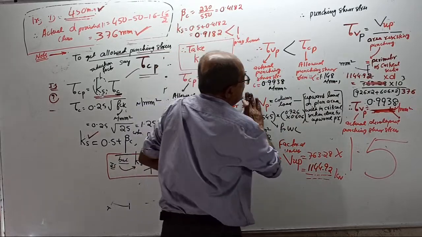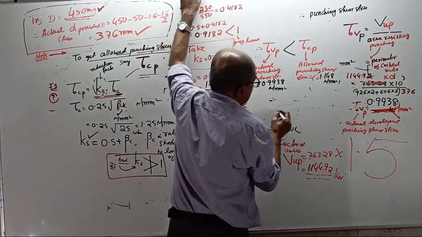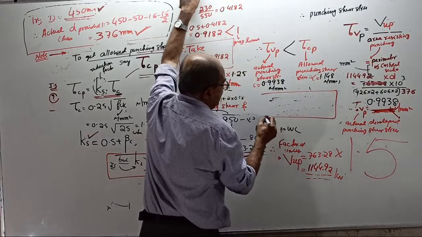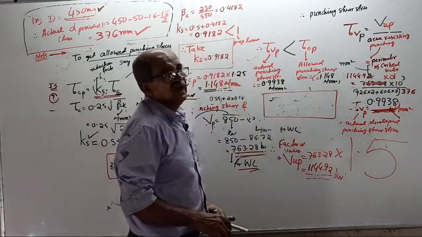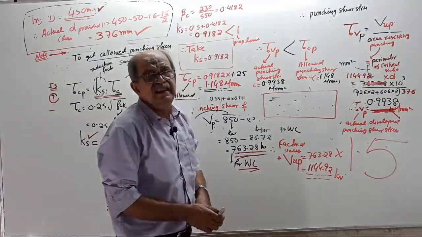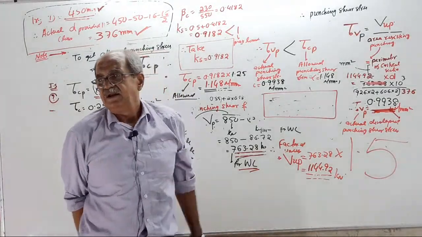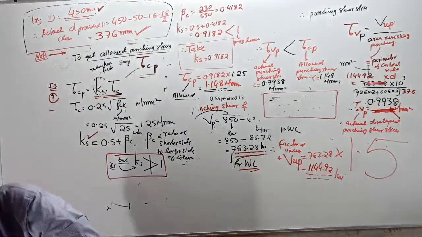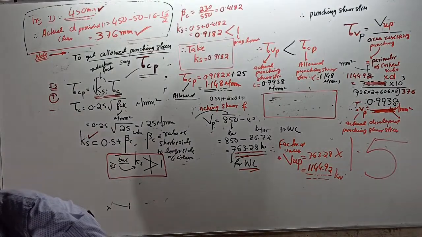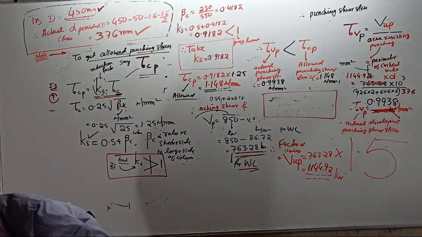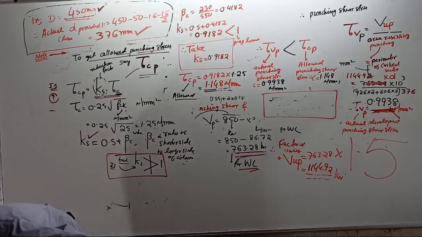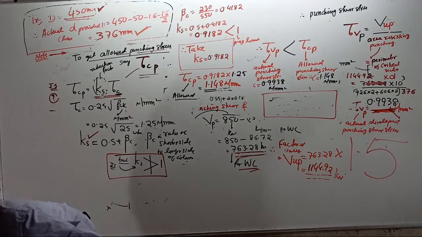Therefore, tell me safe or unsafe. Actual stress is 0.9938. Allowed stress is 1.148. Tell me safe or not. This is common sense required to tell safe or not.